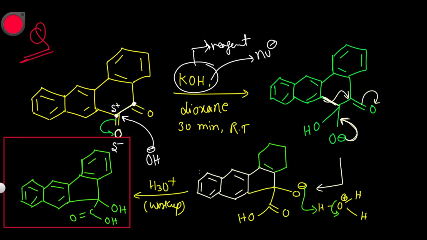You just have to see the substrate and the reagent, and what is the work of the reagent. Either the reagent is working as a nucleophile or as a base. If it is acting as a nucleophile, then where will it attack, where is the electrophilic center in the substrate. You have to know all this. So this is the final product of this reaction.